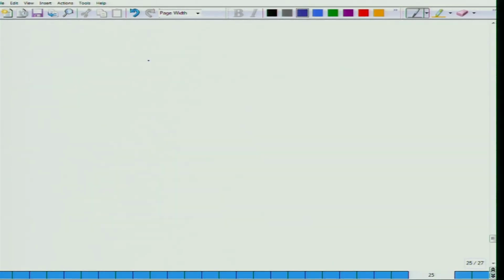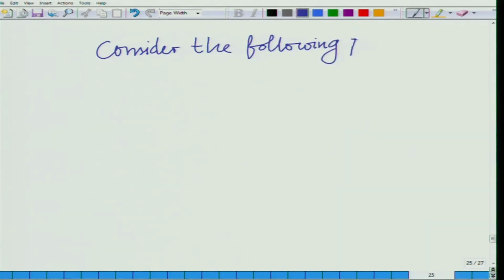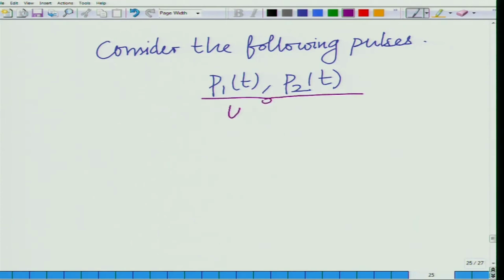Let us consider again p1(t), p2(t). These are again unit energy signals.